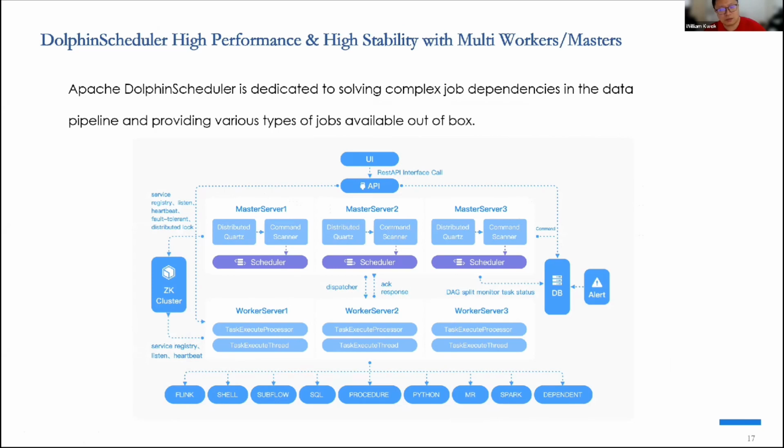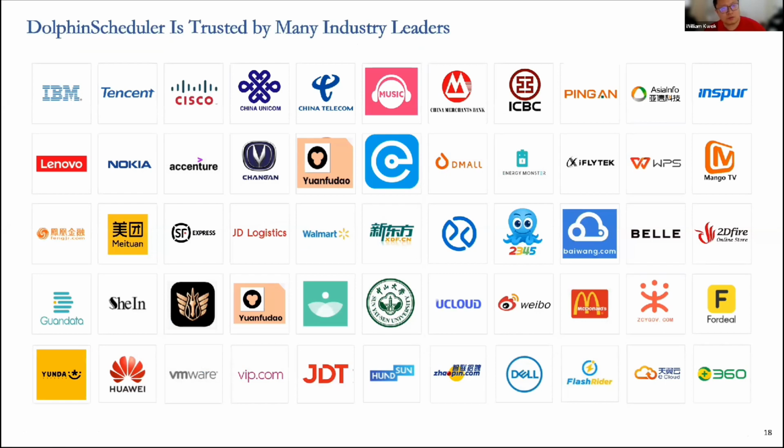It's not designed like the master-slave or active-standby mode. It just uses a hash function to let every task and every workflow work on different master servers. Now DolphinScheduler is trusted by many industry leaders like Tencent, IBM, Cisco, China Unicom, and many users all over the world.